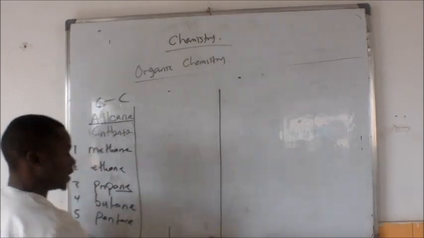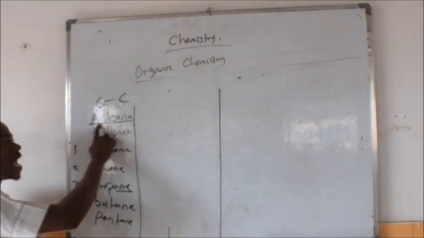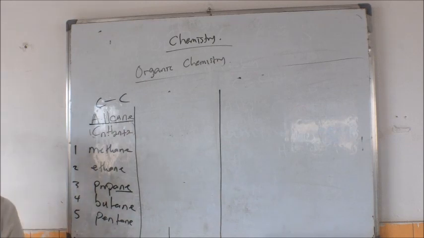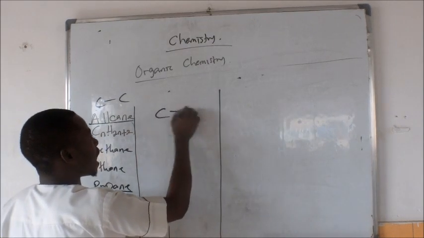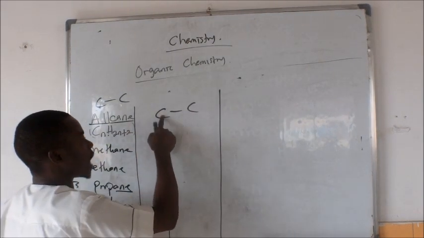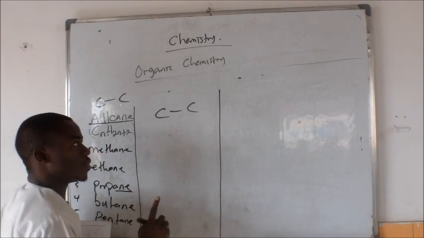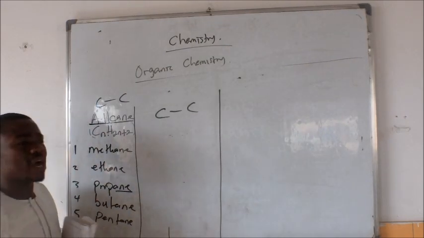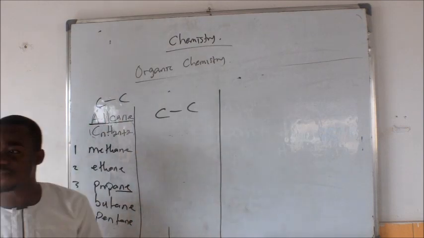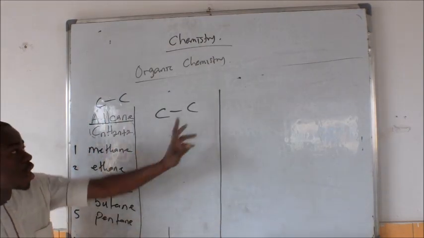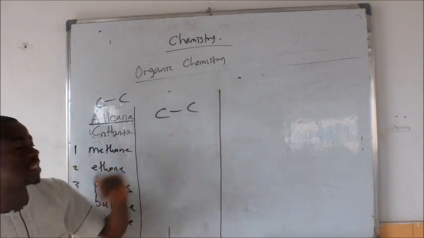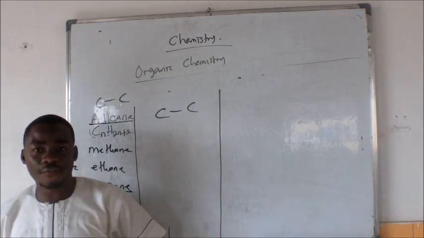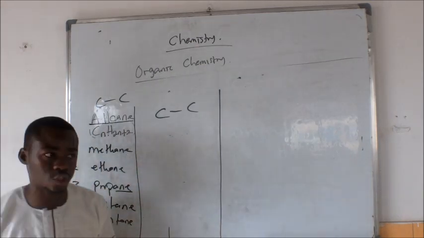For any alkane, you have a single bond between carbon and carbon atoms. Between this carbon and this carbon, you just want one bond. And you still have to take into consideration the tetravalency property of carbon, because of which it has the ability of bonding with different atoms.